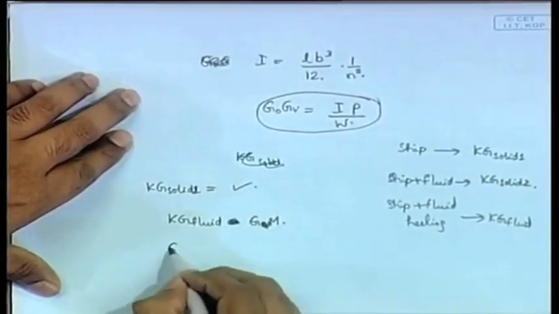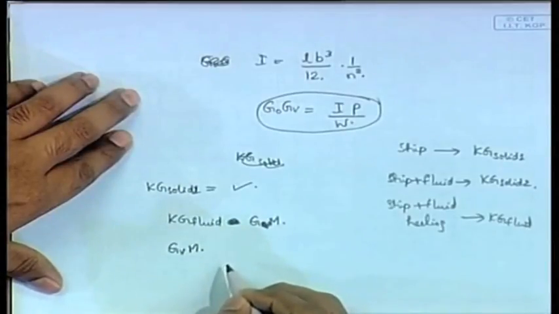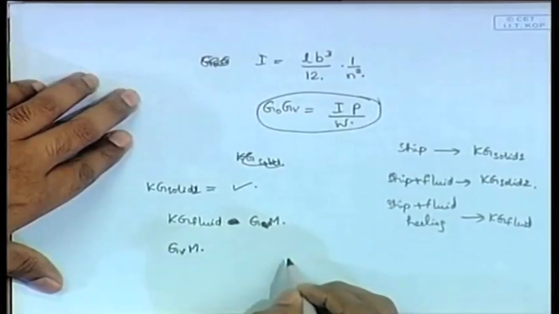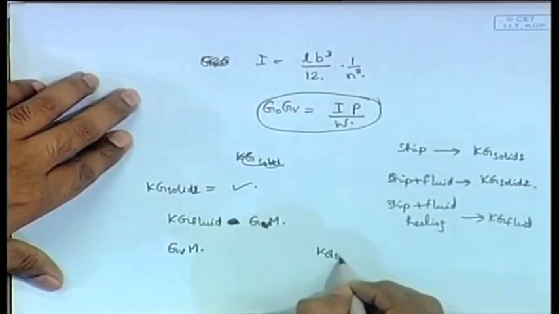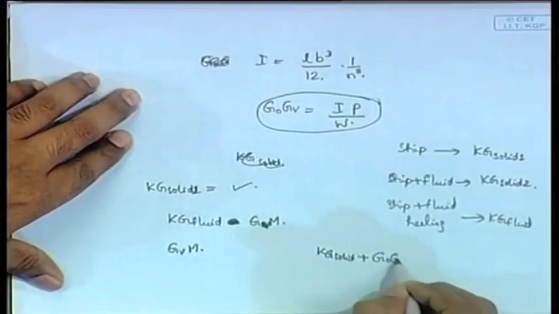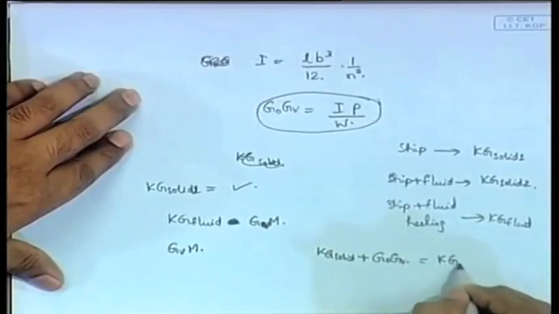So you use your GVM. It is very simple actually: to the KG solid, if you add G0GV, that will give you the distance through which KG has shifted up, and that will give you your KG fluid.